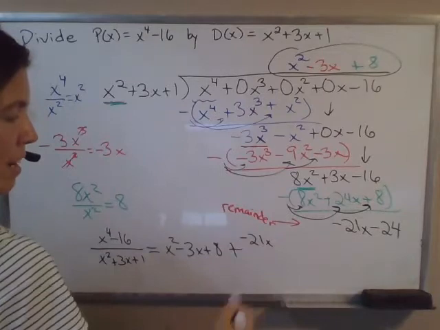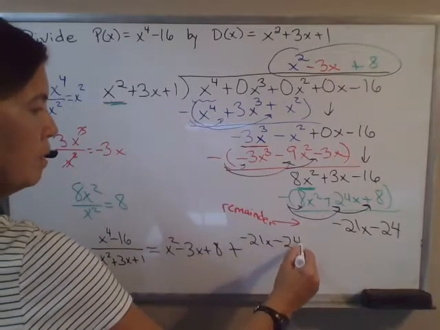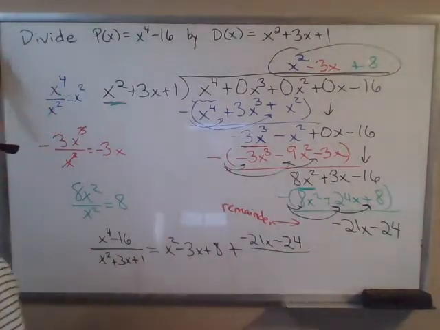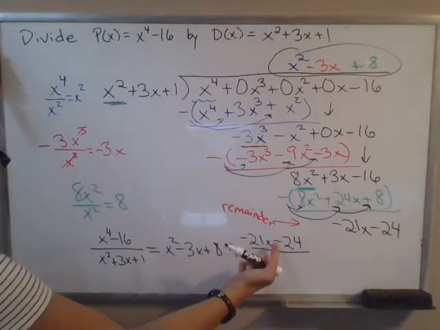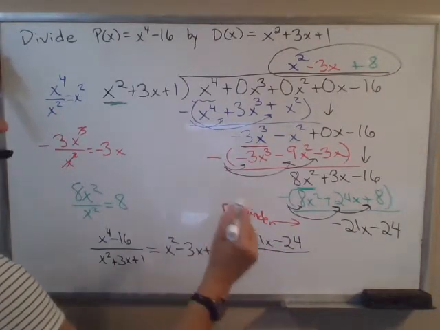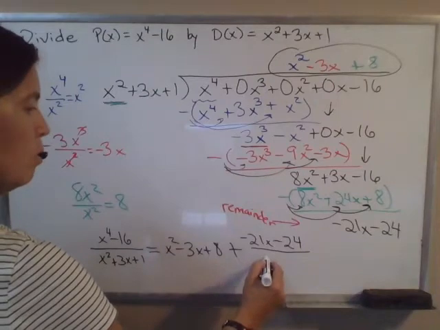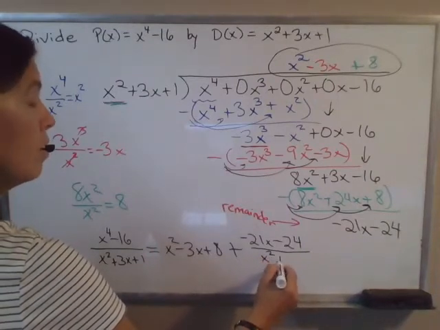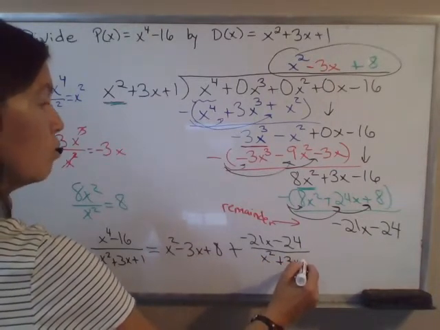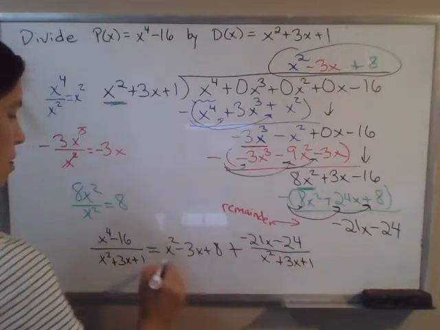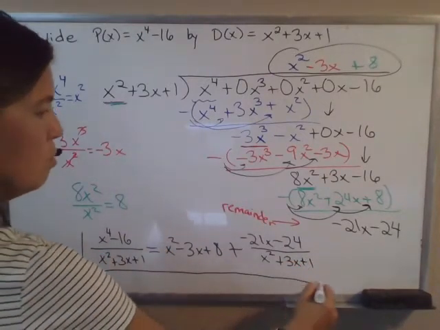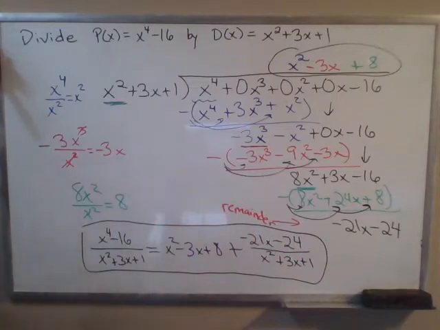I could have factored out the negative here, but I'll leave it like this. It would be nice to pull the negative out in front here. Not a requirement though. Over the x squared plus 3x plus 1. So here's one way to express that overall result.